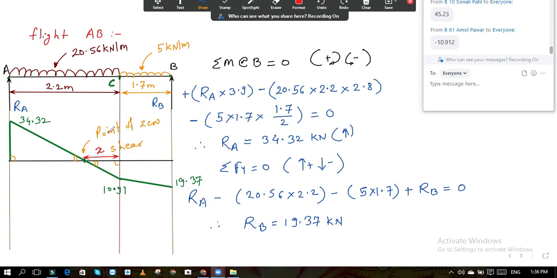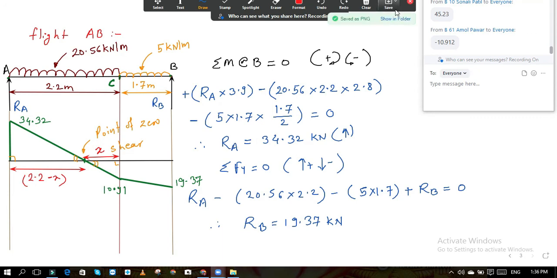So if this total is 2.2, out of which this is x, then this remaining distance will be 2.2 minus x.